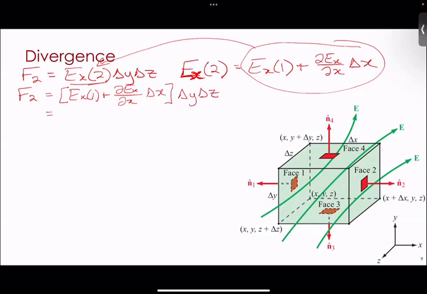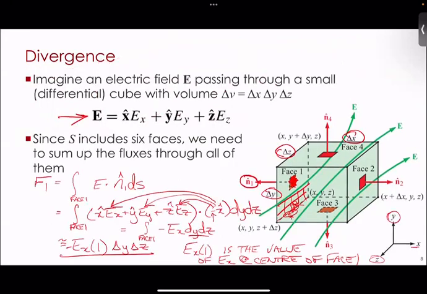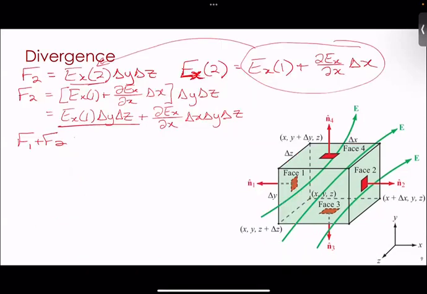We get Ex1 delta y delta z plus the partial derivative of Ex with respect to x, delta x, delta y, delta z. If I did F1 plus F2, look at this term: Ex at 1 delta y delta z minus Ex at 1 delta y delta z. Those two cancel each other out, and we're just left with the rest.